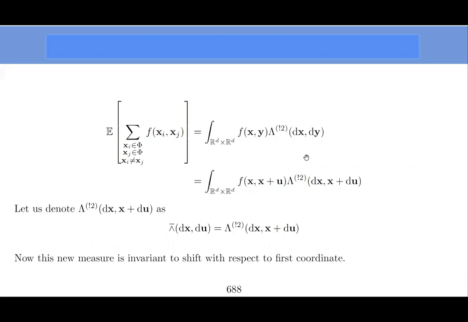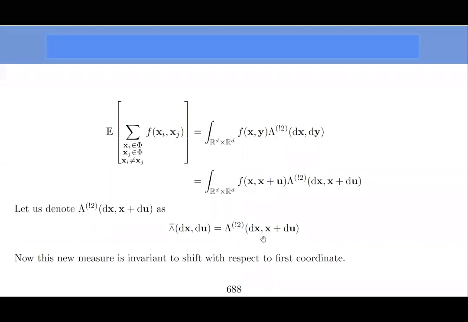So we can denote this measure as follows: the measure at dx, du is denoted by the second order density of dx, x plus du. Now this moment is invariant with respect to a shift of the first coordinate.